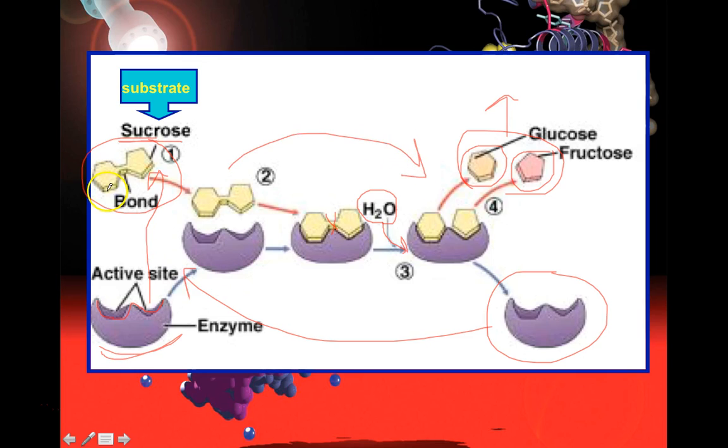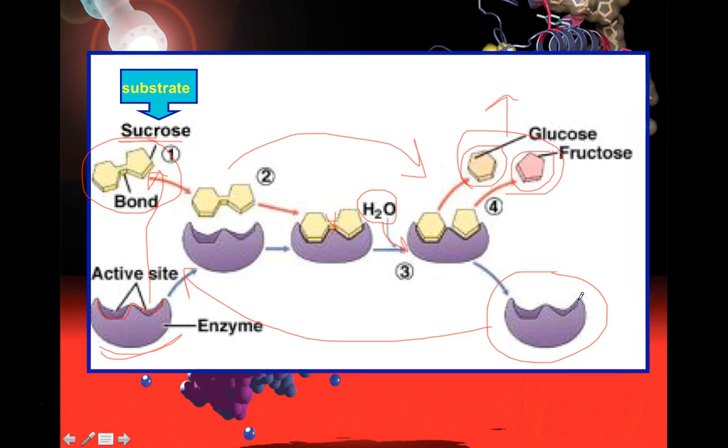It finds the substrate, bonds with it, does what it has to do. In this case, it's breaking bonds. There are chemical reactions where enzymes can make bonds too. But anyway, so you have your enzyme finding your substrate, breaking or making bonds. The product is released. The enzyme is released.